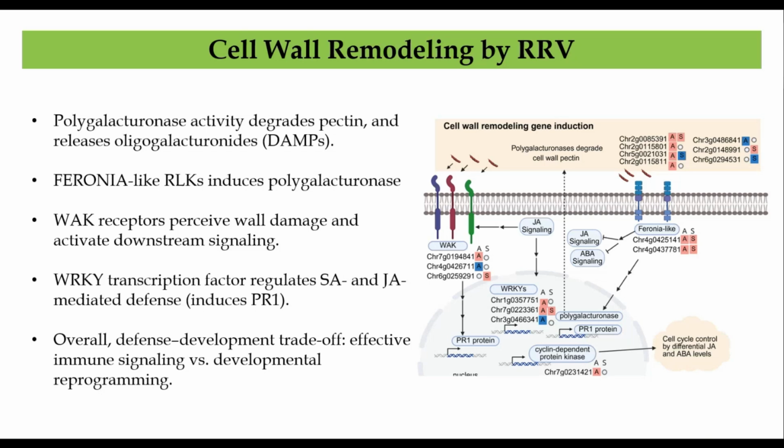We also see the phytohormones SA and JA trigger the WRKY transcription factor, which later can trigger the PR genes. As well, we also find cyclin-dependent protein kinases, which are differentially regulated and control the cell cycle by differential JA and ABA response.